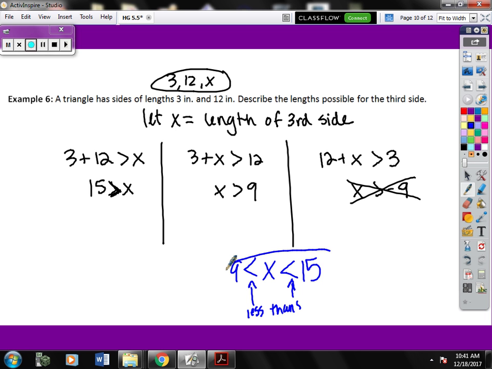When you put them together, they're always going to be less than symbols. They could be less than or equal to in algebra, but in these types of problems, you're not going to have an equal to bar at all. So the values can be anywhere between 9 and 15. They can't be 9 and 15, but they could be really close, like 9.01, and it would actually work.